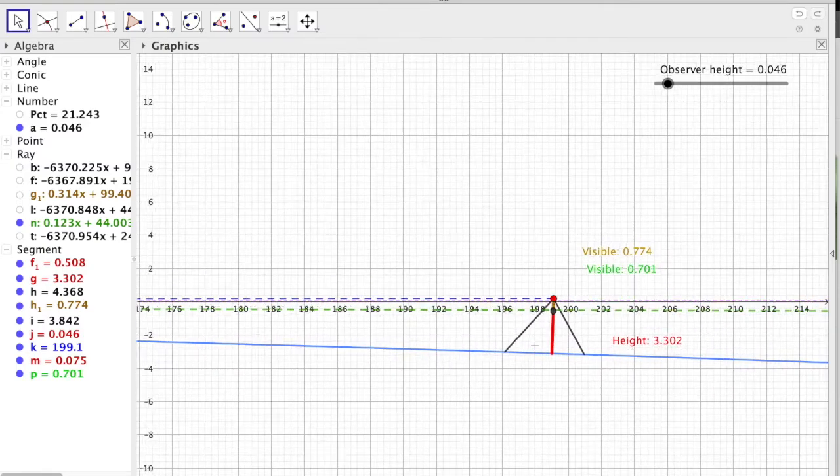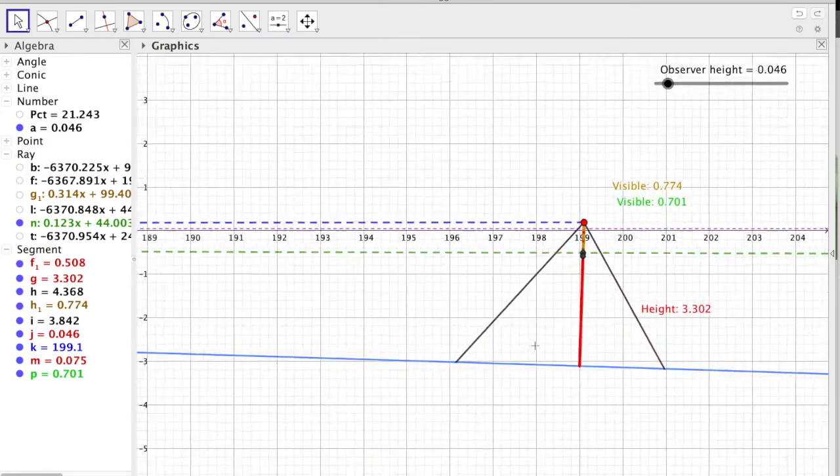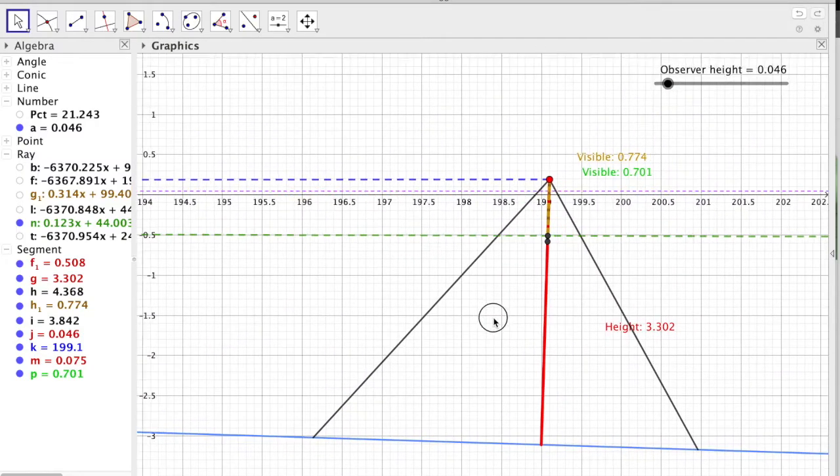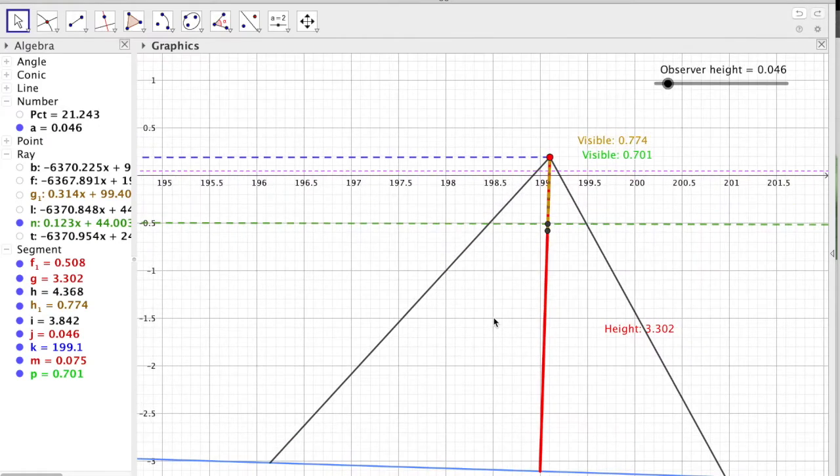And here we have our mountain. We see that the height is 3.3 kilometers tall. We see that the distance from this green line to the top is 700 meters basically, and that means that you'll see around 21% of the mountain.